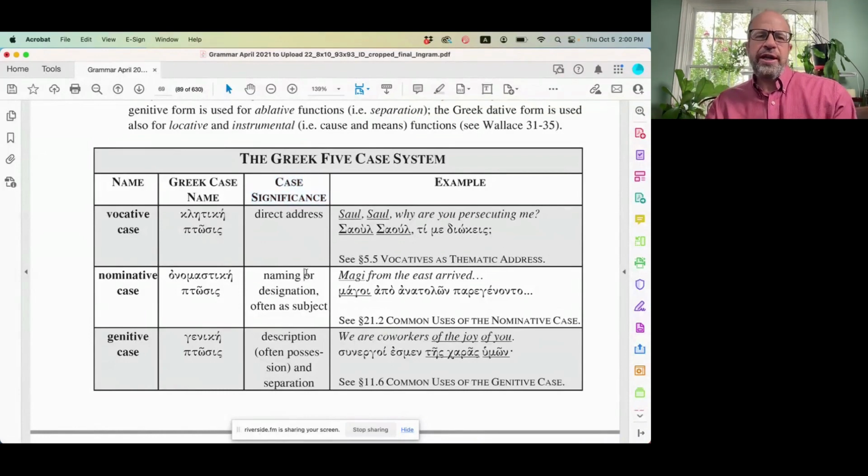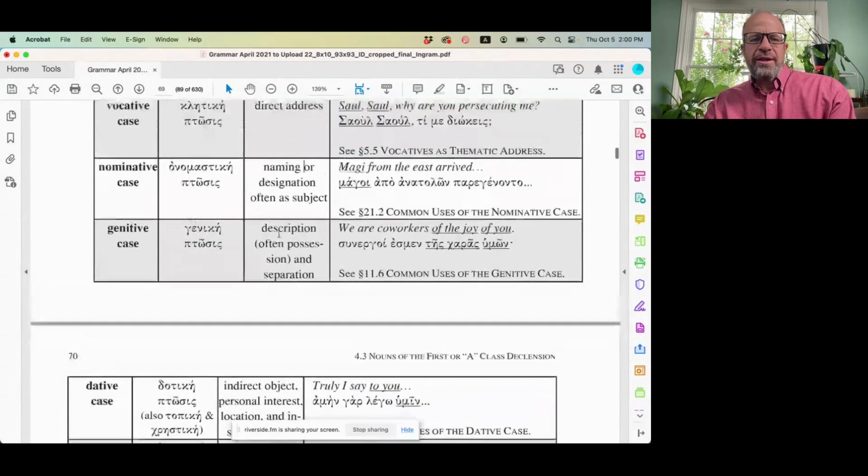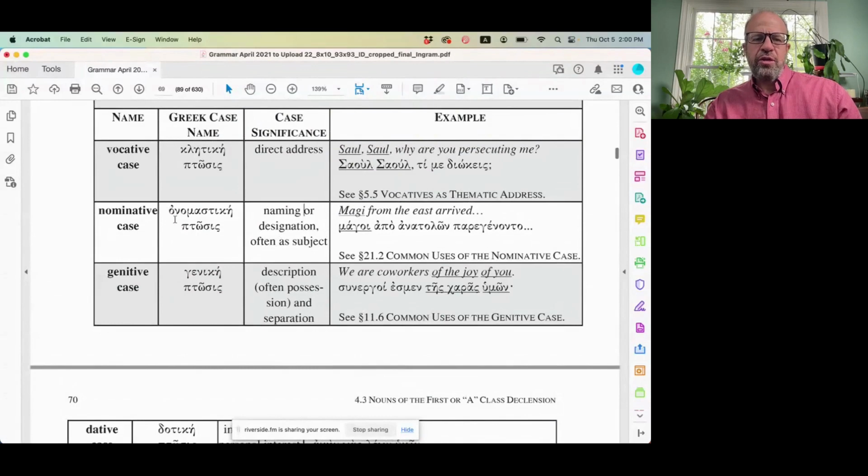Now, I'm screen sharing here from my Koine Greek grammar, and this is in chapter 4 when I introduce the Greek noun. And so just to give you an overview of the cases, here they are. The nominative case is called the onomastike ptosis. So ptosis is a case, ptosis, kind of fun to say.